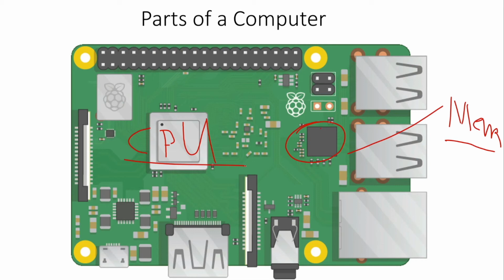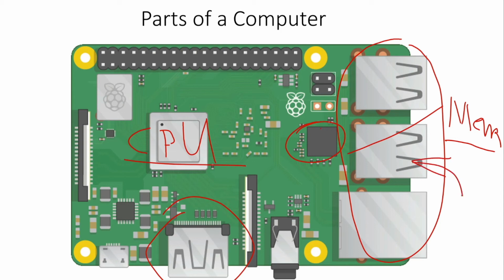Now we have the things for input and output. So, in this Raspberry Pi, you can see there are lots and lots of different ports. All of these ports are used for input-output, or I/O. So, if you have a keyboard, then you would connect it up to one of these ports, and then you could give the computer input.